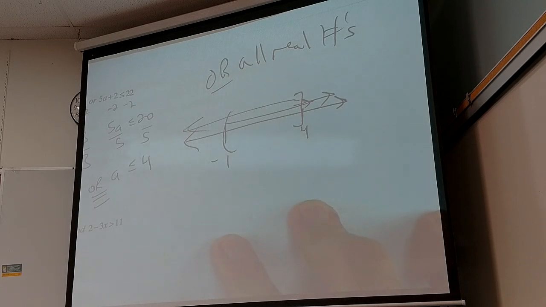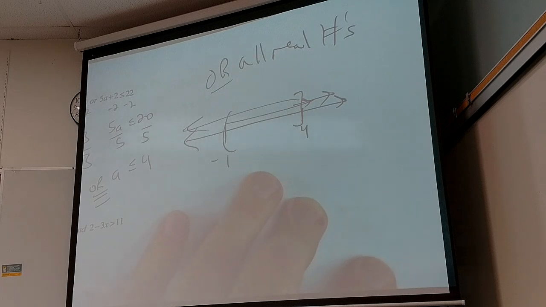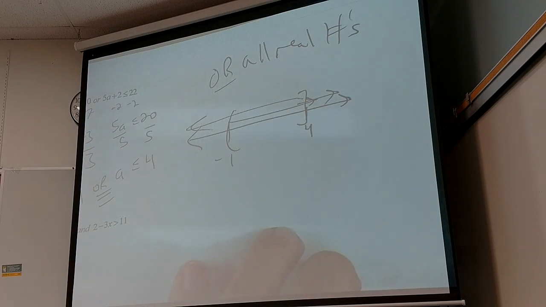If I said the only people that can come in here have to be older than 10 or younger than 20, that's every person, right? If you're not less than 20, you are older than 10. You guys with me a little bit?